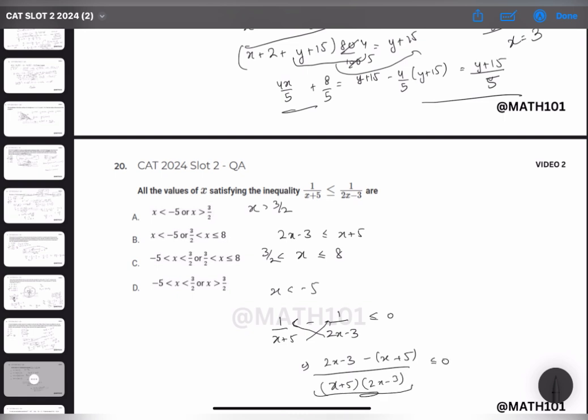Now this thing is positive, so I get 2x minus x is x, minus 3 minus 5 is minus 8 upon the numerator, which is something positive, is less than 0. As x is less than minus 5, x minus 8 is less than 0, so this holds true for all x less than minus 5. So this condition or this condition would solve. So answer is B.